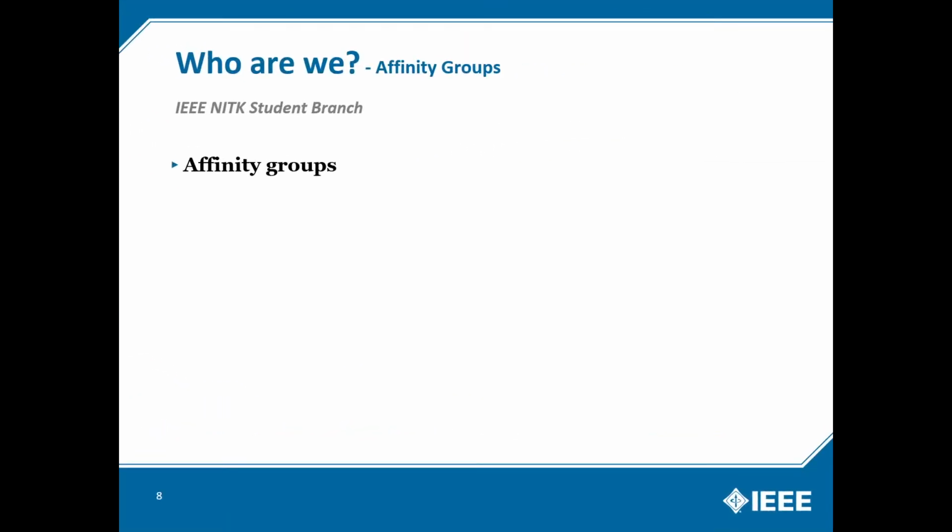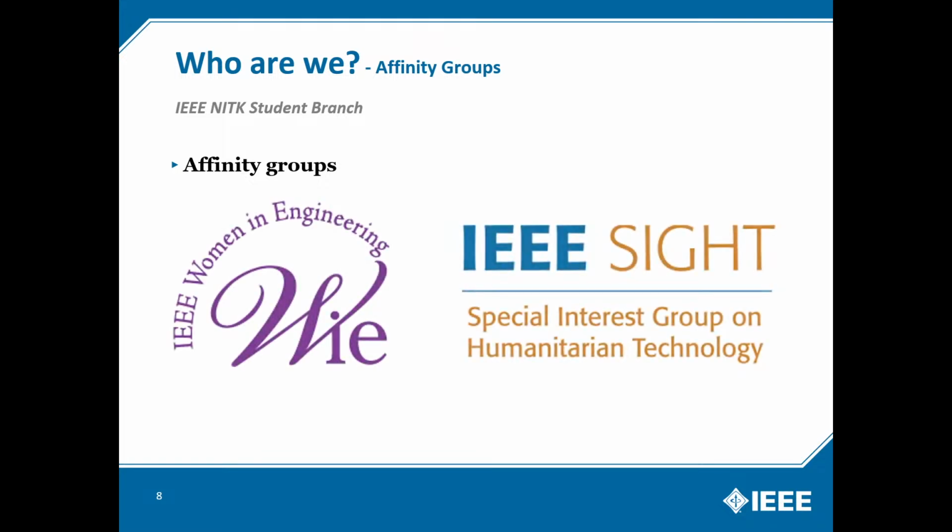We also have affinity groups. So what exactly are affinity groups? We do additional work in addition to our technical aspects. That is, we try to promote the number of women participating in technical fields through IEEE's WIE, that is Women in Engineering. We also have IEEE SIGHT, a special interest group on humanitarian technology.